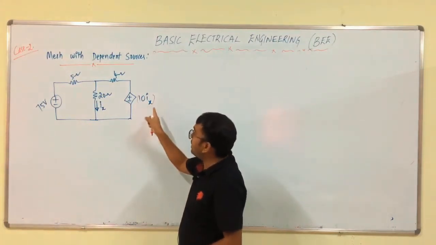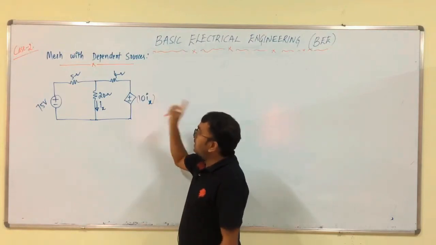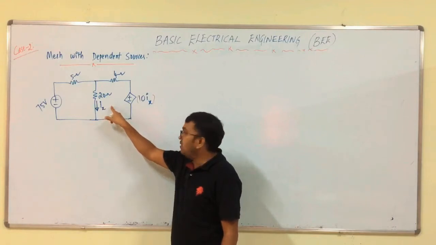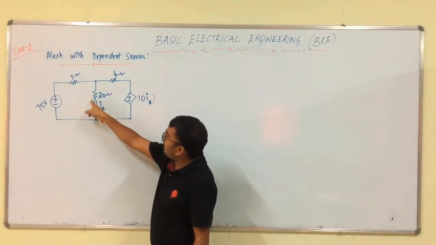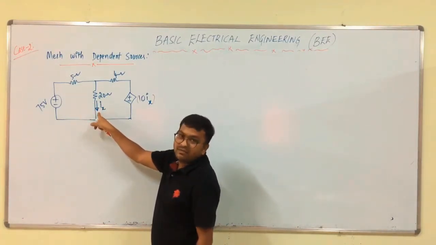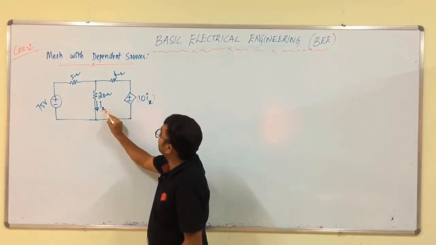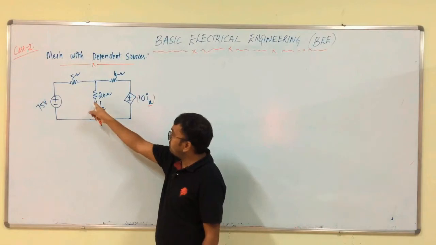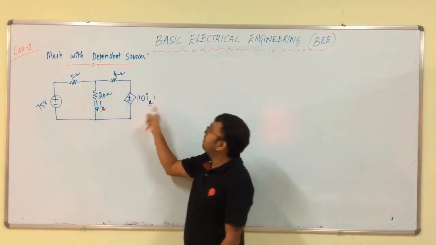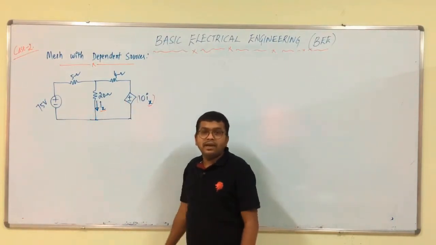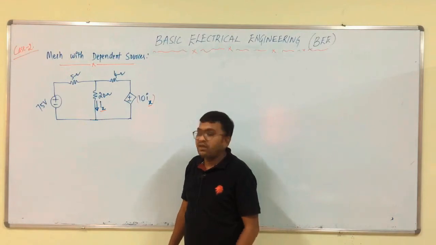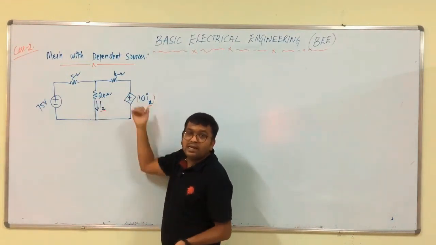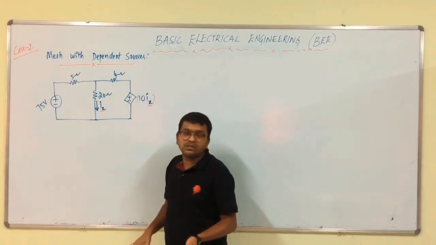He mentioned 10 Ix here, so obviously there is a path for the current in one of the branches in the circuit. If you look at this branch, there is a path for this Ix. Because of this, we get the value of this dependent voltage source. If we did not mention anything, we would be unable to calculate the value of the dependent voltage source.